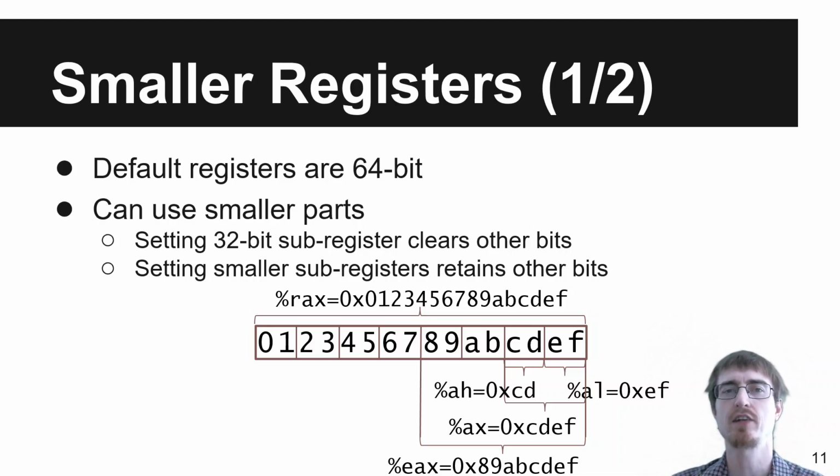However, if you take the smaller subregisters, which are 16 bits or 8 bits, then you retain the other bits, including even those upper 32 bits. So this behavior is a bit inconsistent, but it can be convenient because it means that sometimes you can use the 32-bit register to set the full 64-bit register, which can be useful because it's not possible for most instructions to have 64-bit constants, only 32-bit ones.